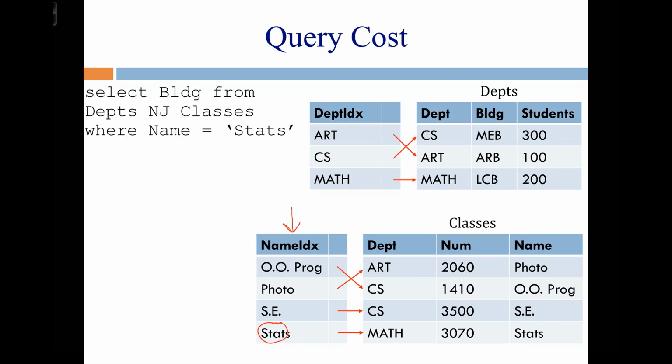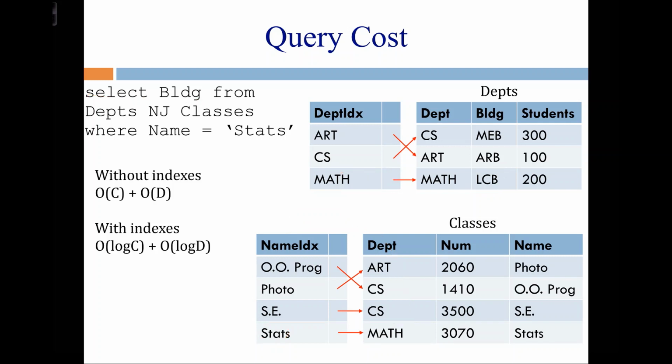Now we just pick out the column that we're natural joining on, so we've got math, and we plug that into this table, the other index. We can then do a logarithmic binary search to quickly find this row and get over to the department that we're interested in. And then we just select building. So all we do is take that column out of the row we wanted.